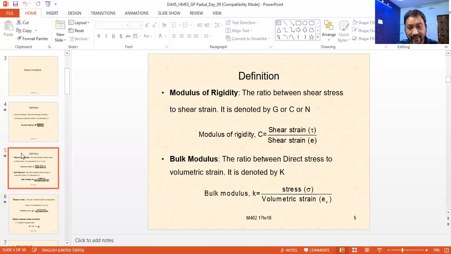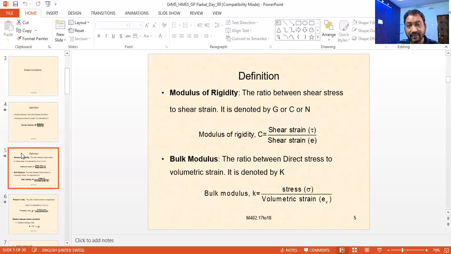But in some cases, the body is subjected to forces in three mutually perpendicular directions, along the x, y, and z axes. So what does direct stress mean? It is a force acting perpendicular to the area of cross section.